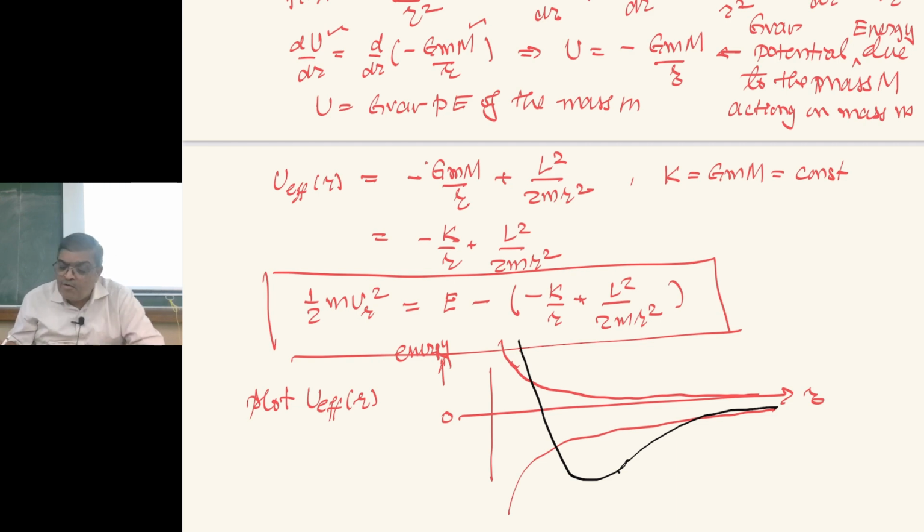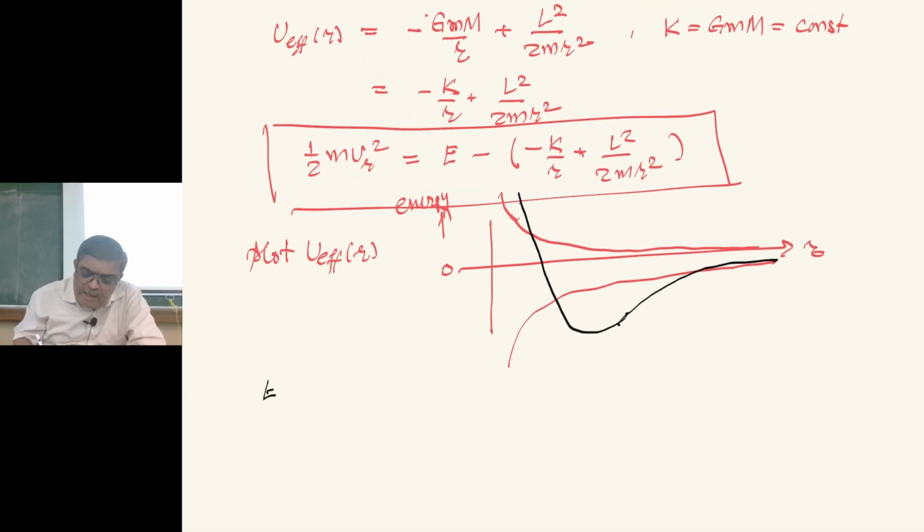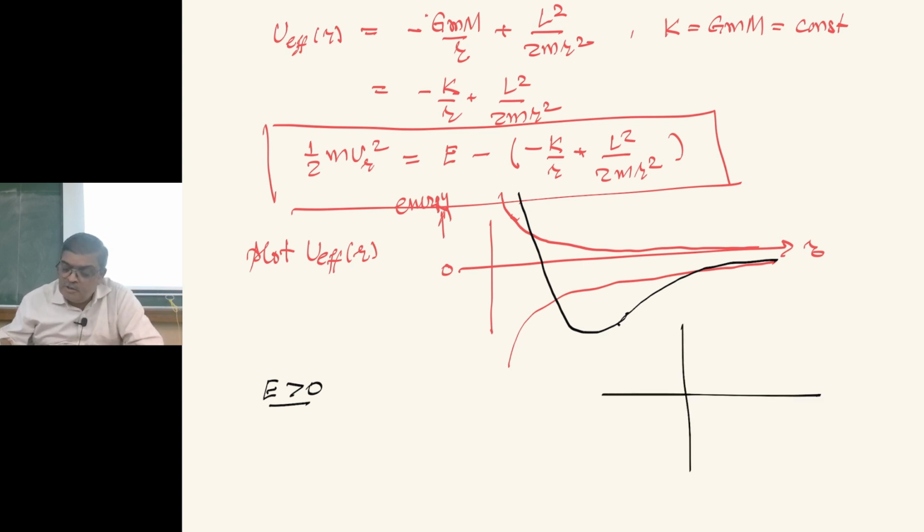Okay, so let's try to see what kind of trajectories we are going to get for different possible values of the energy. Let me first take E greater than 0. I'm going to draw this curve again, and I'm not going to draw the other two curves. I'm only interested in this curve. Let us say this is my energy axis, of course.